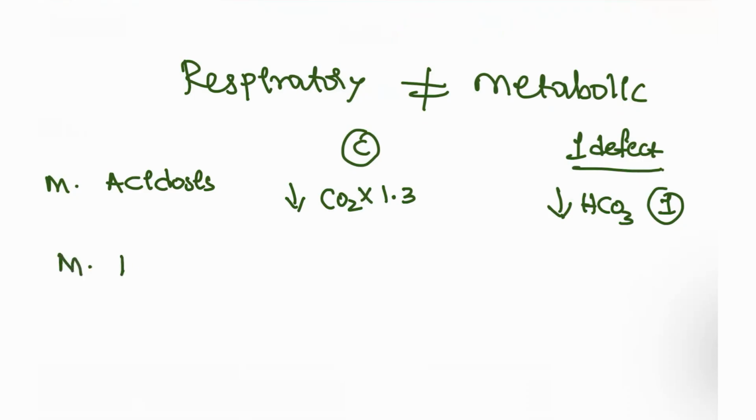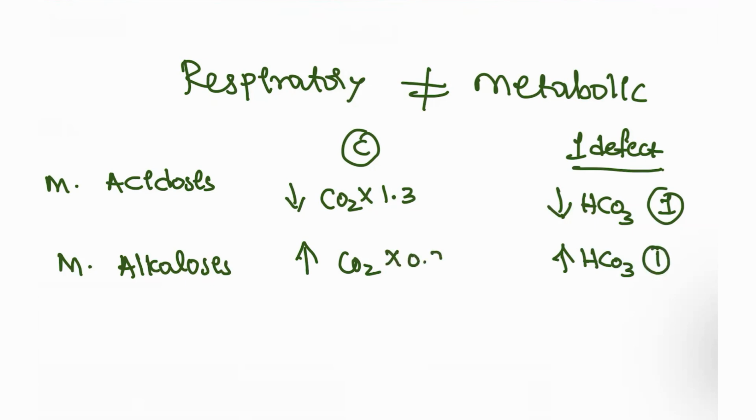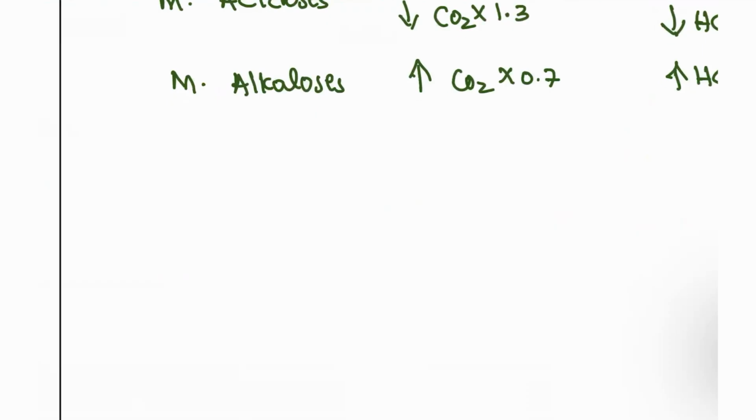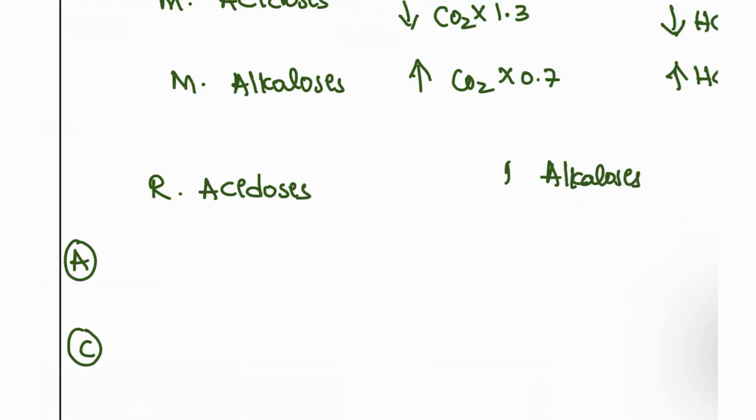Next, metabolic alkalosis. Again the CO2 has to be increased here. For every 1 HCO3, there will be 0.7 times increased CO2 seen. Next, respiratory acidosis. It could be acute, it could be chronic. Next, respiratory alkalosis, acute or chronic.